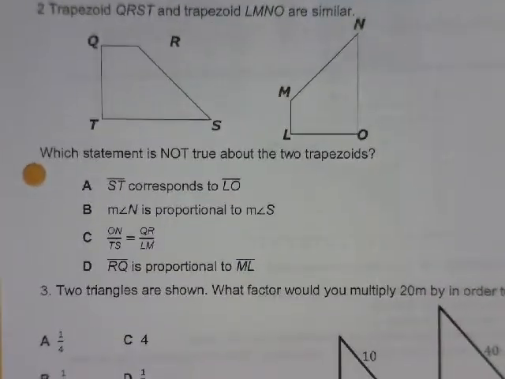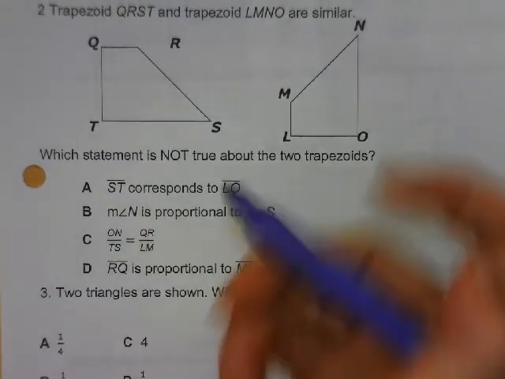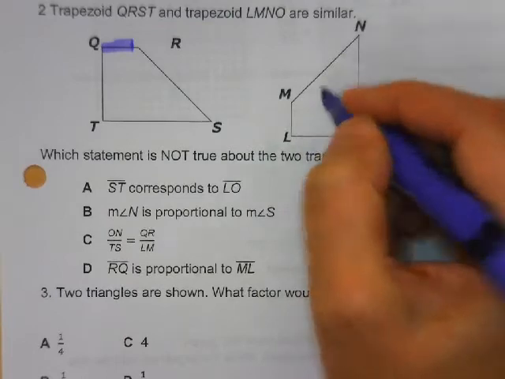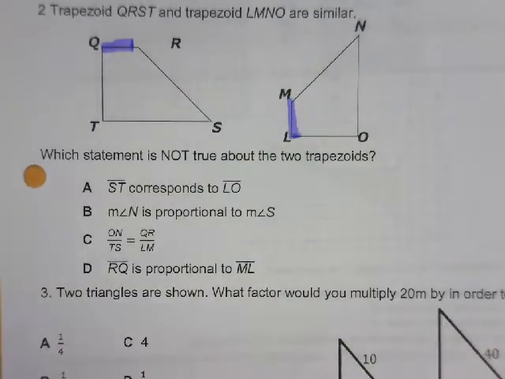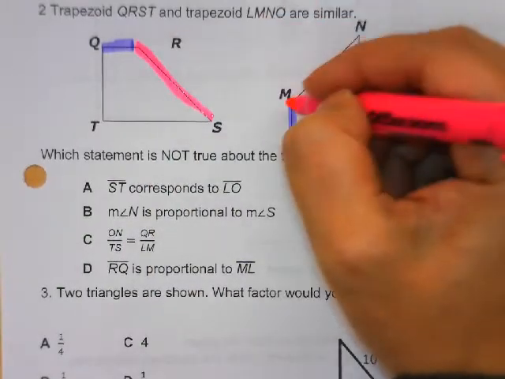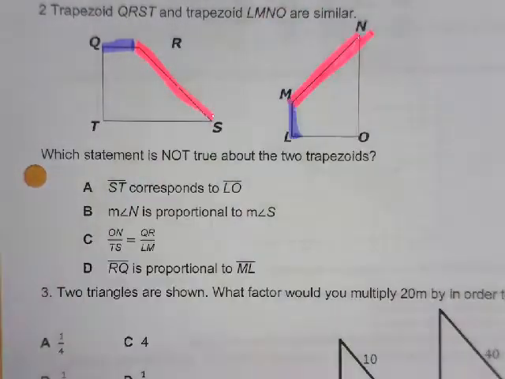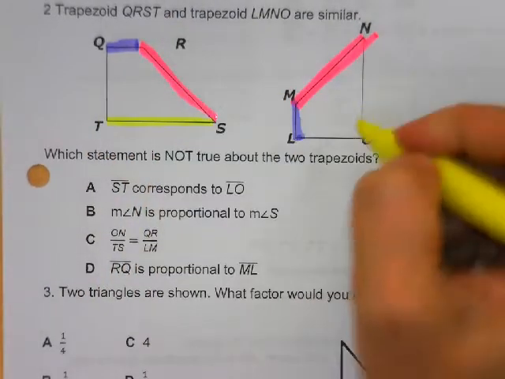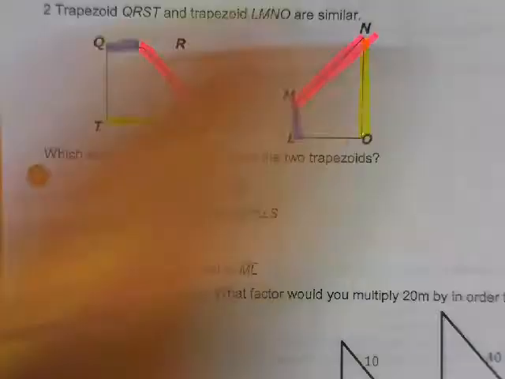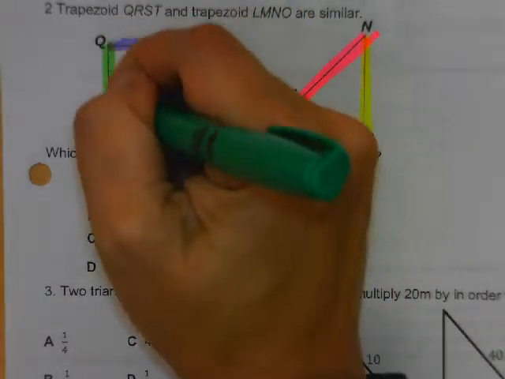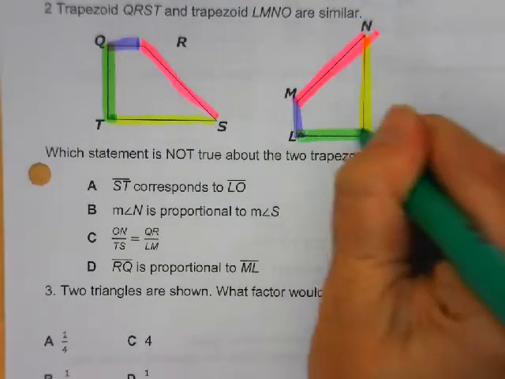So we can do the same thing on this one. QR is first, and LM is first. We have RS and MN. So all I'm doing is I'm looking at these letters just like I did previously, ST and NO, and then QT or TQ, same thing, and LO or OL.